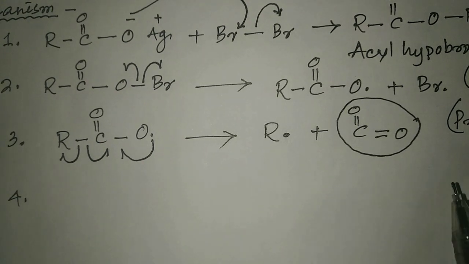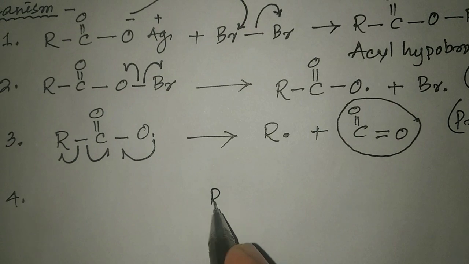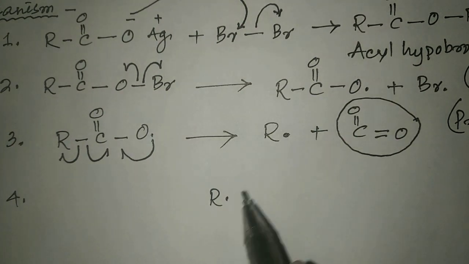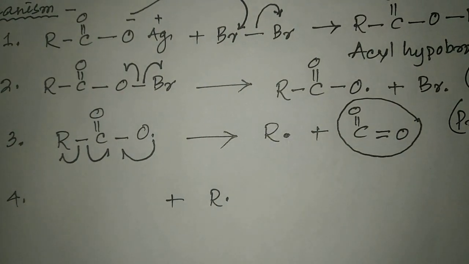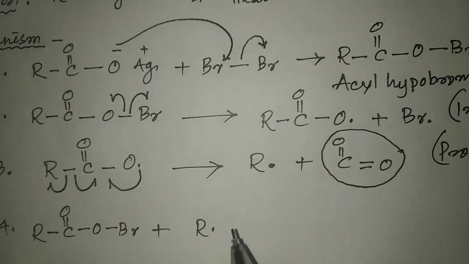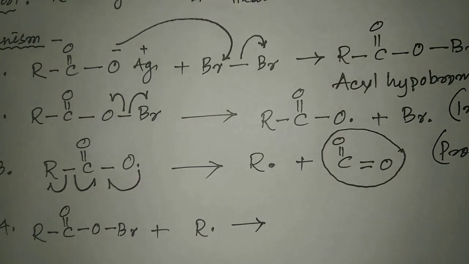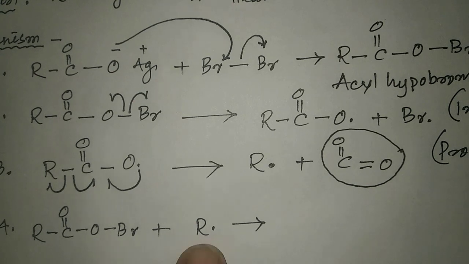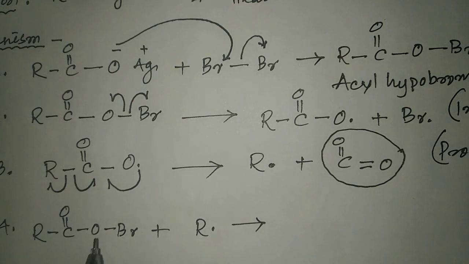In the next step, this alkyl free radical which has been obtained in the third step will participate in the reaction with an acyl hypobromite molecule. The presence of this free radical will help to cleave the oxygen-bromine bond again.